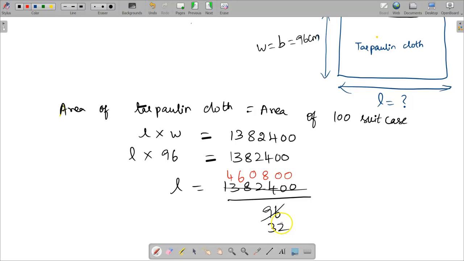Then we can apply the two tables. 16 2s are 32, and here it is 230, 4 2s are 8, and then 00 you have as it is. Again we can apply two tables. 8 2s are 16, and then cancel this. 2 1s are 2, 2 1s are 2, balance is 1, it will become 10. 5 2s are 10, and for 4 it is 2 2s are 4, and you have 00.